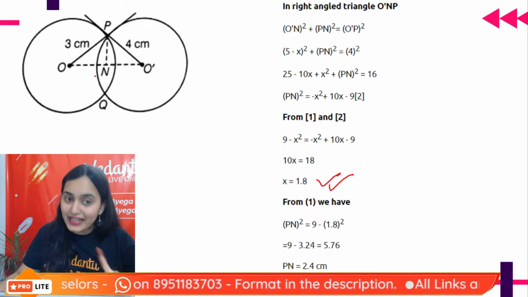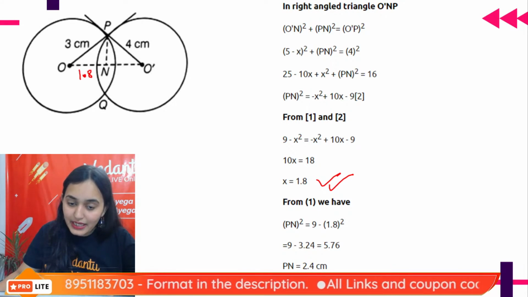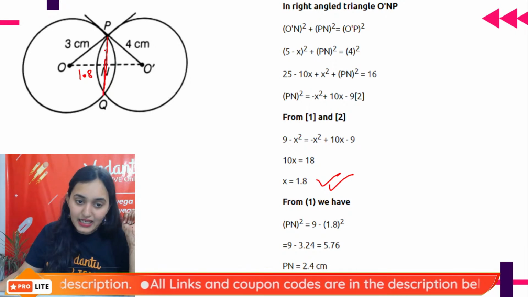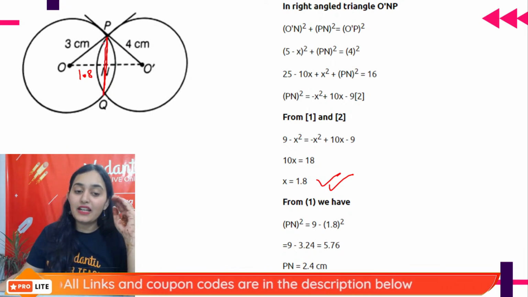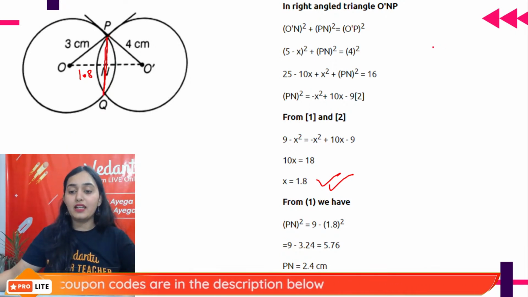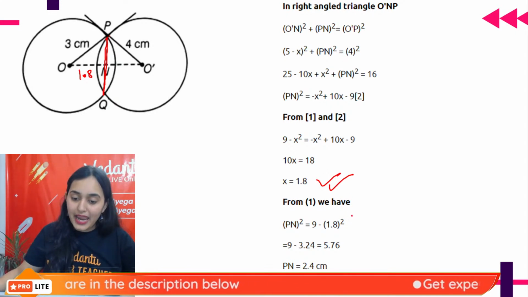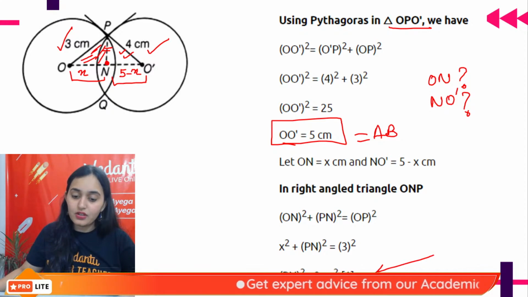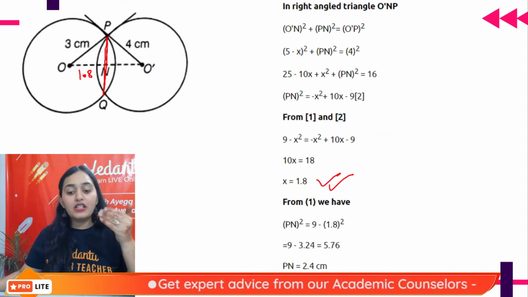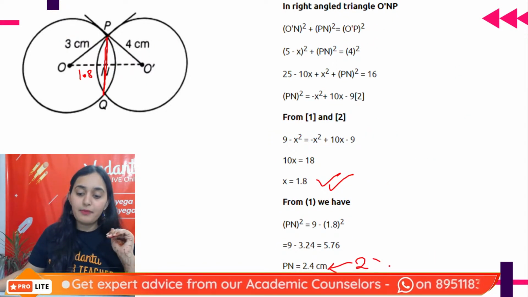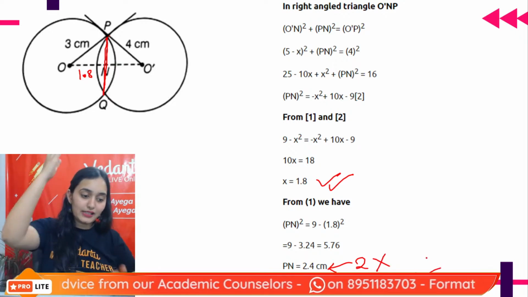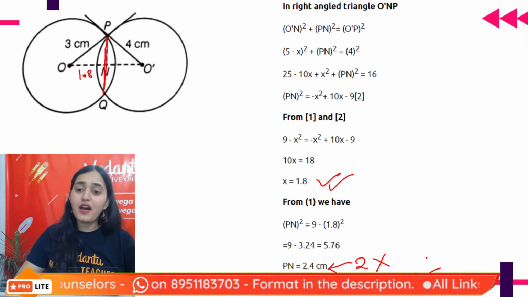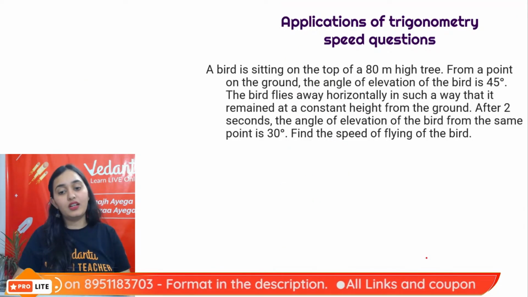Once you have got the x value, now you need the value of CD. How will you get this value of CD? First you need the value of PN. So again put the x value in this equation to get the PN value. And once you have got the PN value, you will double it to get the PQ value, that is the entire line segment value. Okay. Like that you have to proceed in this question.